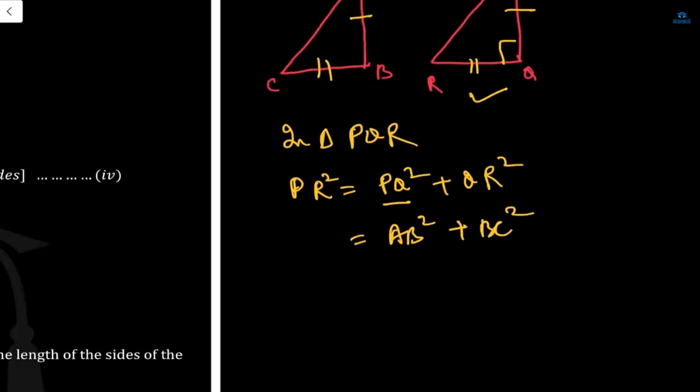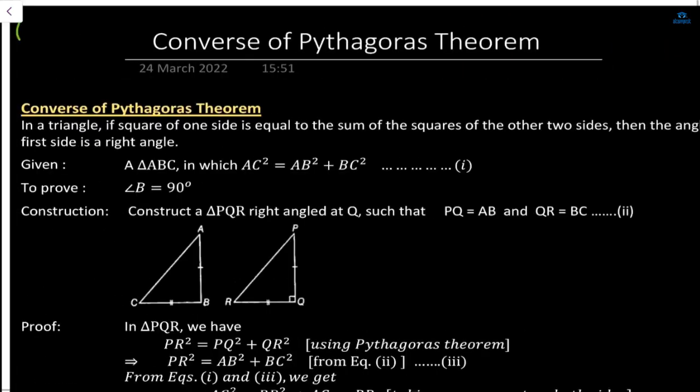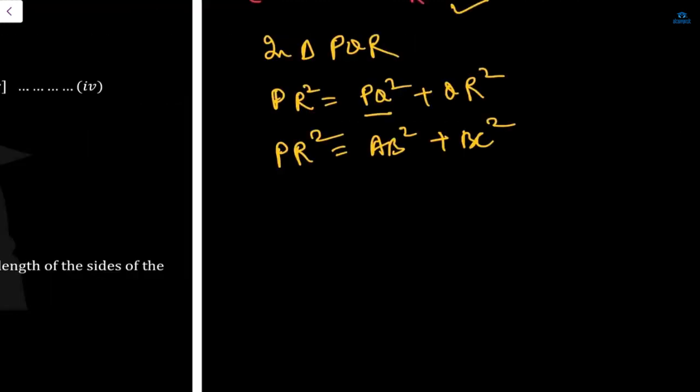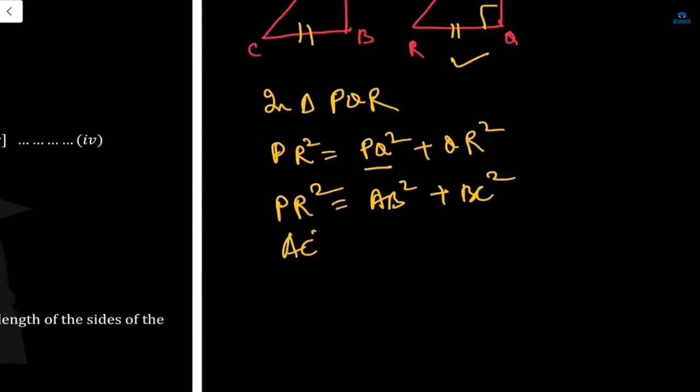But it is already given in your theorem that AC square is equal to AB square plus BC square.